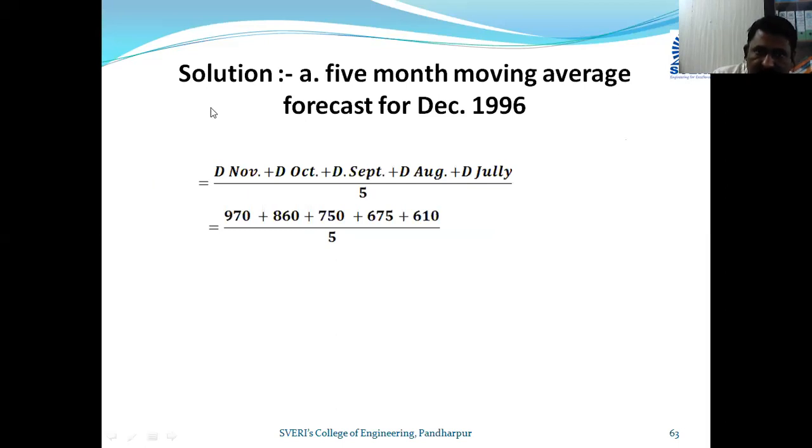You can write here: load on CNC machine for December. Now it is clearly mentioned that take the last previous 5 months.